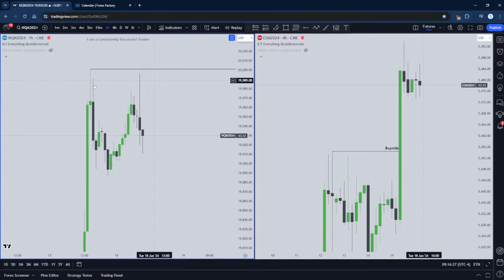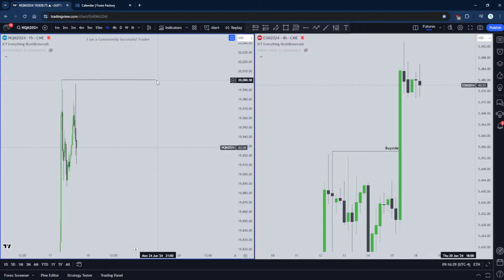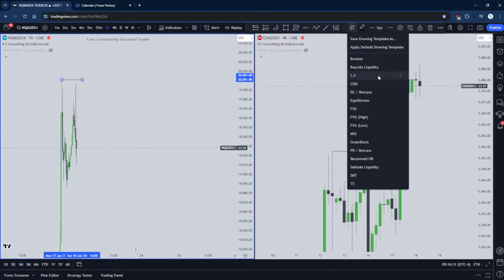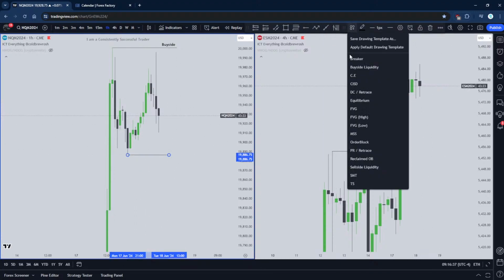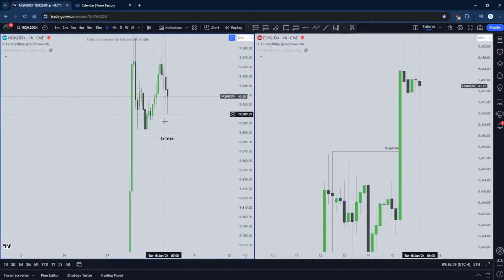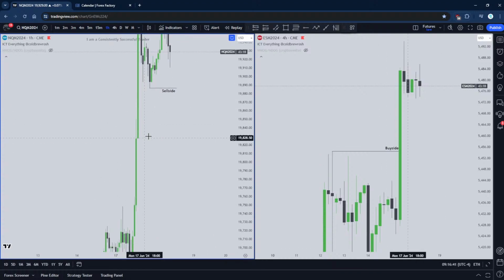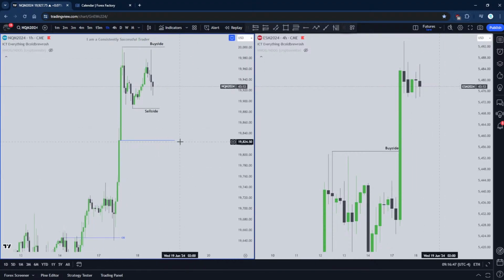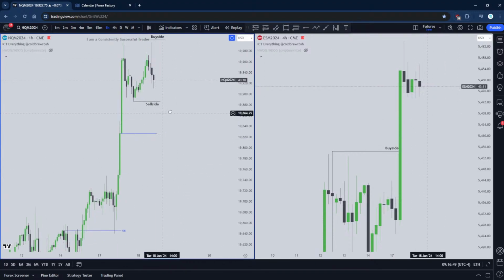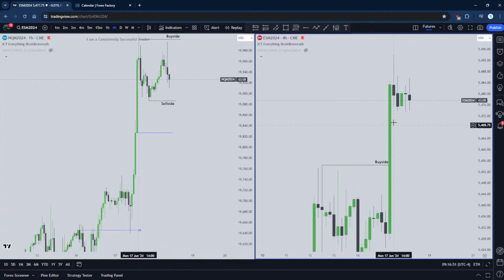I'm gonna mark that as buy side, just so I've got it drawn. Could clearly mark. Let's mark that as like a fair value gap high. I'm just doing my bias.